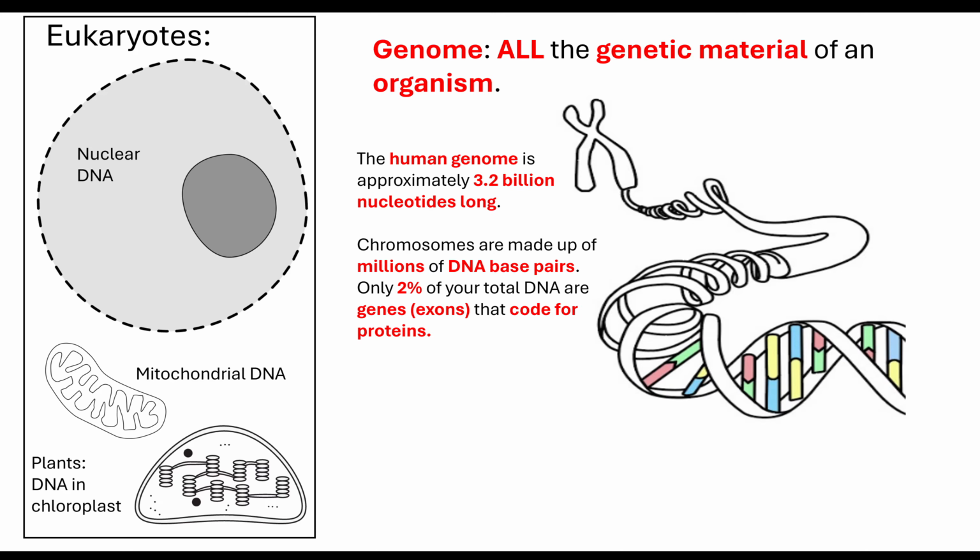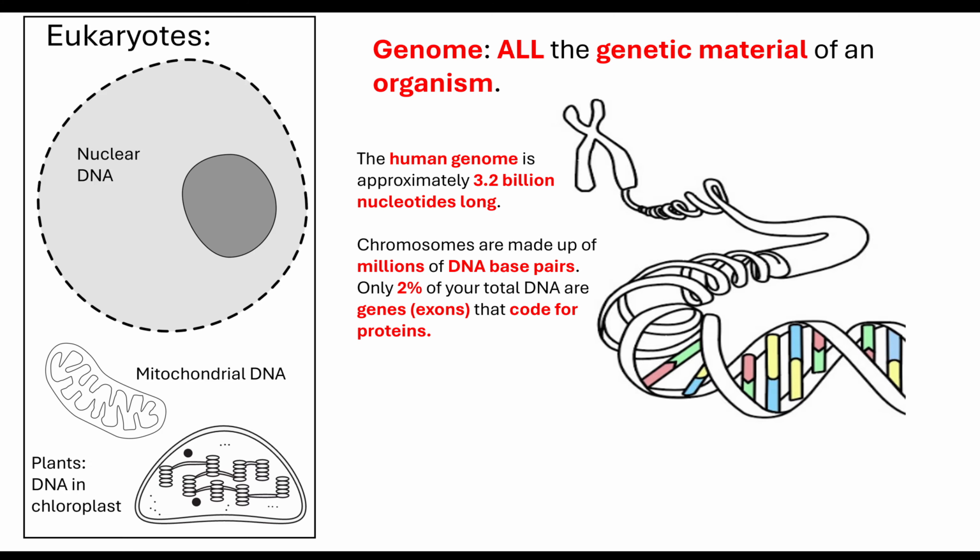Now, the human genome is approximately 3.2 billion nucleotides long. And the chromosomes we know are made up of millions of DNA base pairs. Now, only 2% of your total DNA are genes, which are known as exons, which code for proteins.